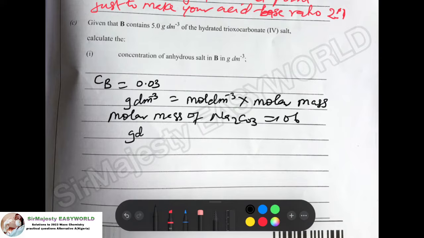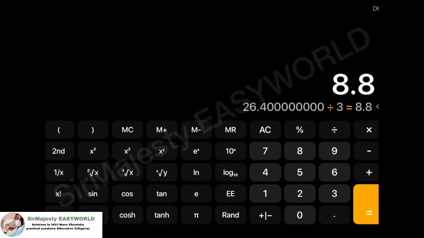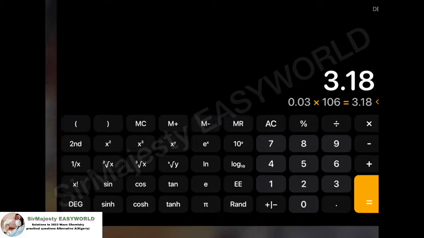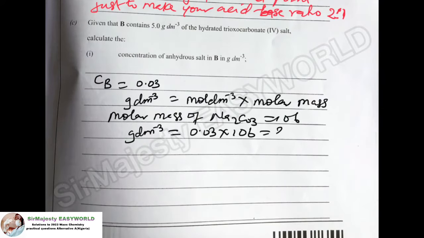Therefore, gram per dm cube here is equal to 0.03 times 106, which will give us 3.18. That is the anhydrous salt according to them, 3.18 gram per dm cube. This is our final answer, so you underline it double to show your final answer.